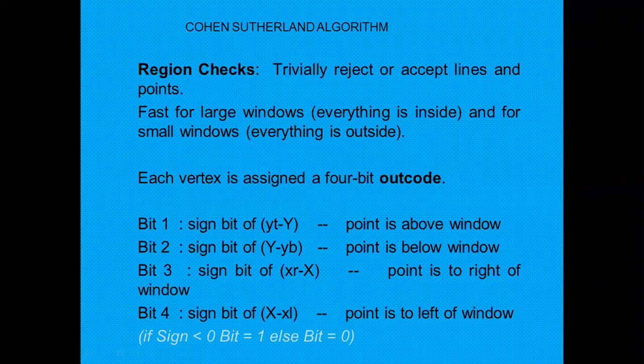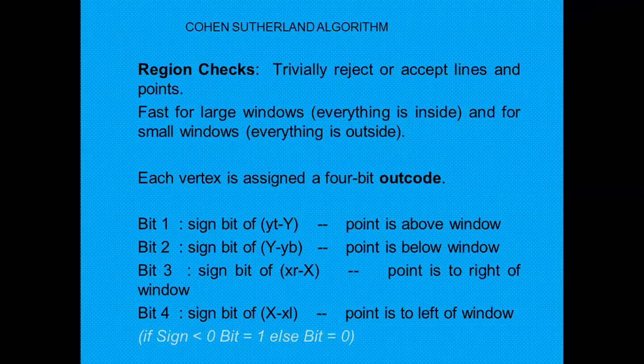Now the first algorithm is the one implemented by Cohen-Sutherland. This is called the Cohen-Sutherland algorithm, and it is used for clipping. Whenever we are going to check any portion of the line, whether it is lying inside the window or outside the window, there is a need to trivially reject or accept lines.